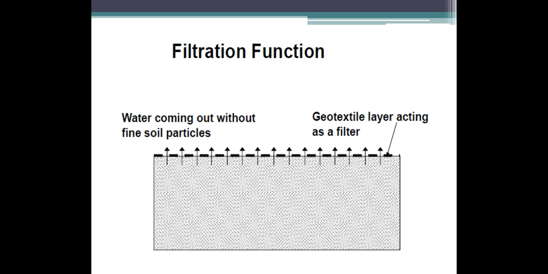If you provide a filter layer, it allows only the water to flow out and holds the fine soil particles, so it avoids the loss of fine particles, which we call piping action. So it avoids the piping action and preserves the strength of the subgrade soil.